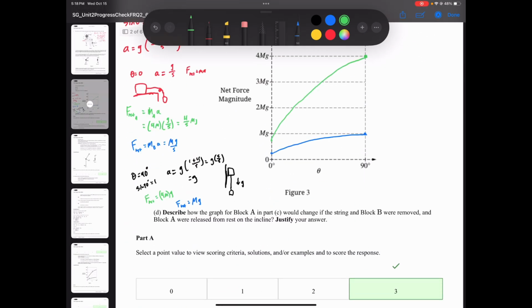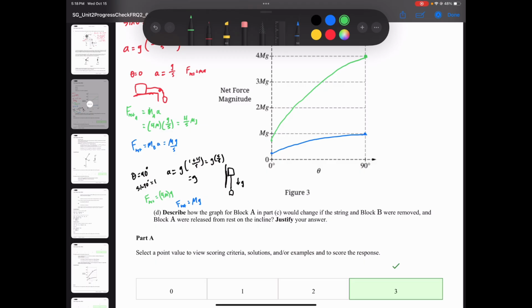So we understand that the initial net forces for both objects are going to be less than mg. And then for part D: describe how the graph for block A would change if the string of block B was removed and block A were released from rest on the incline.